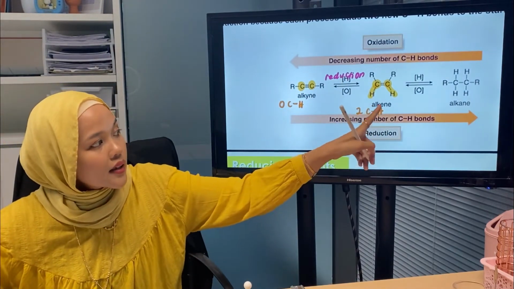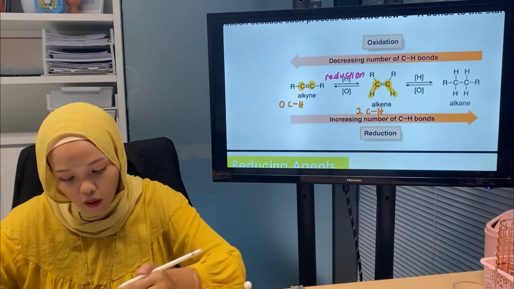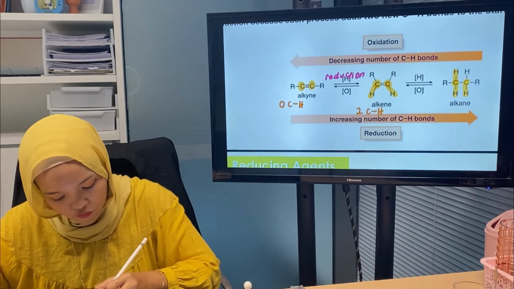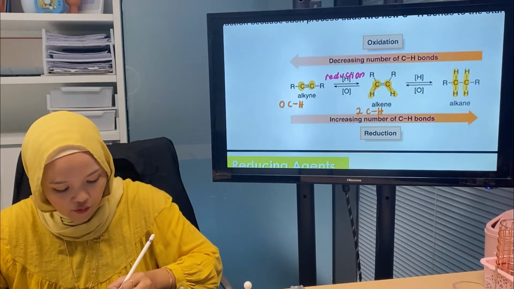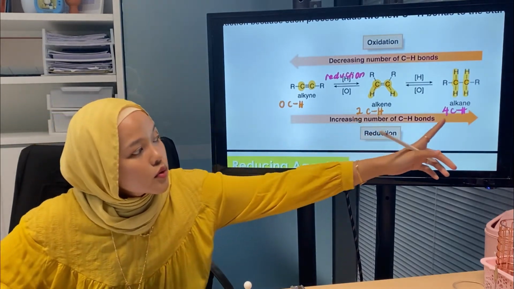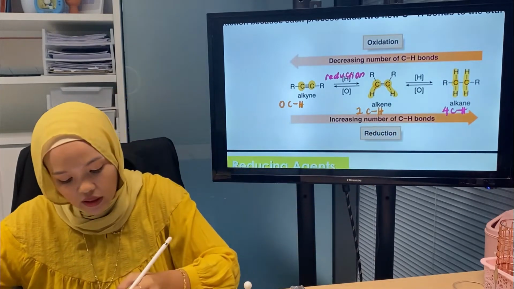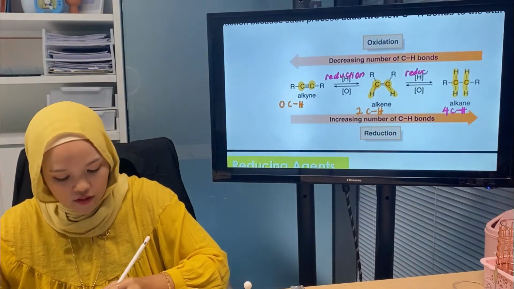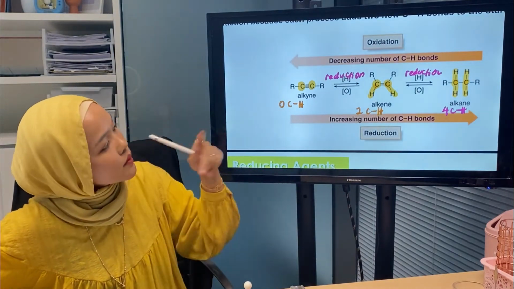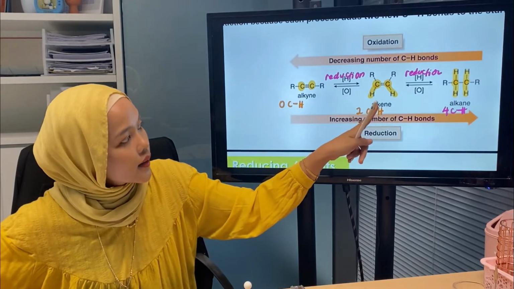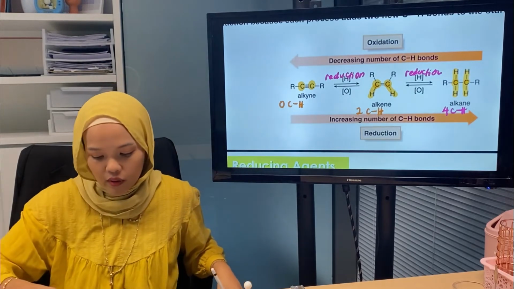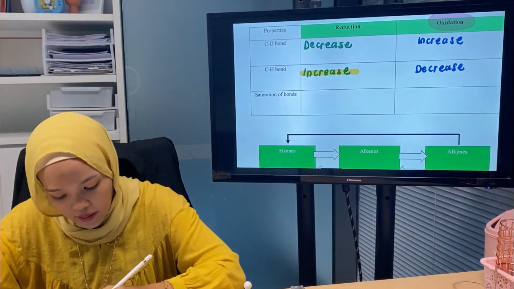Now from alkene, you have 2 carbon-hydrogen bonds. Now look at this one. You have 1, 2, 3, 4. So you can see you have 4 carbon-hydrogen bonds. So from 2 to 4, there is another reduction reaction. So you can see if you go from alkyne to alkene, what happened to the saturation of the carbon-carbon bond?